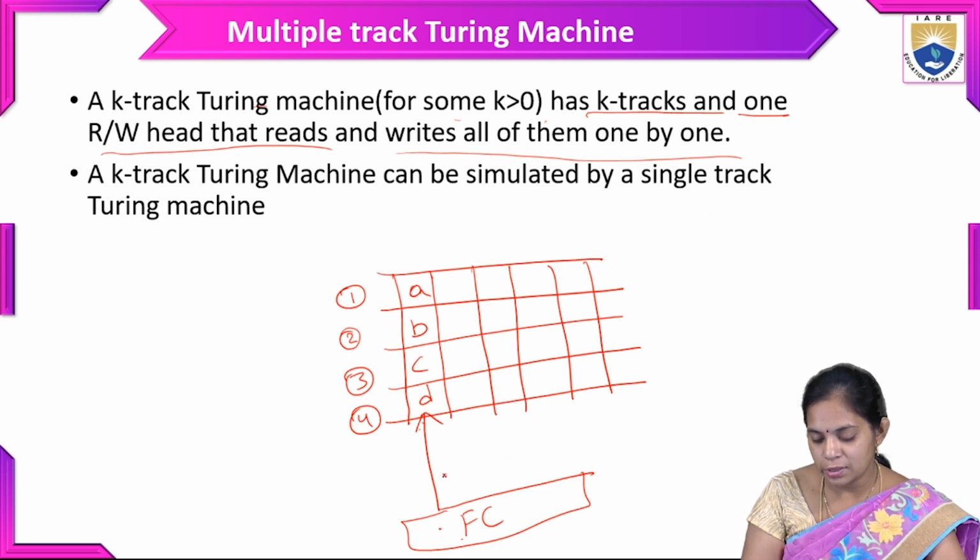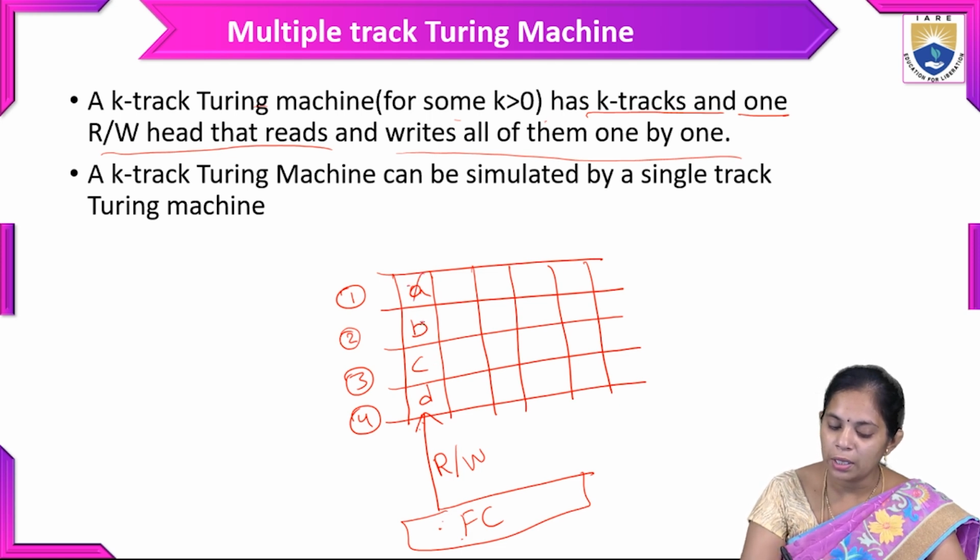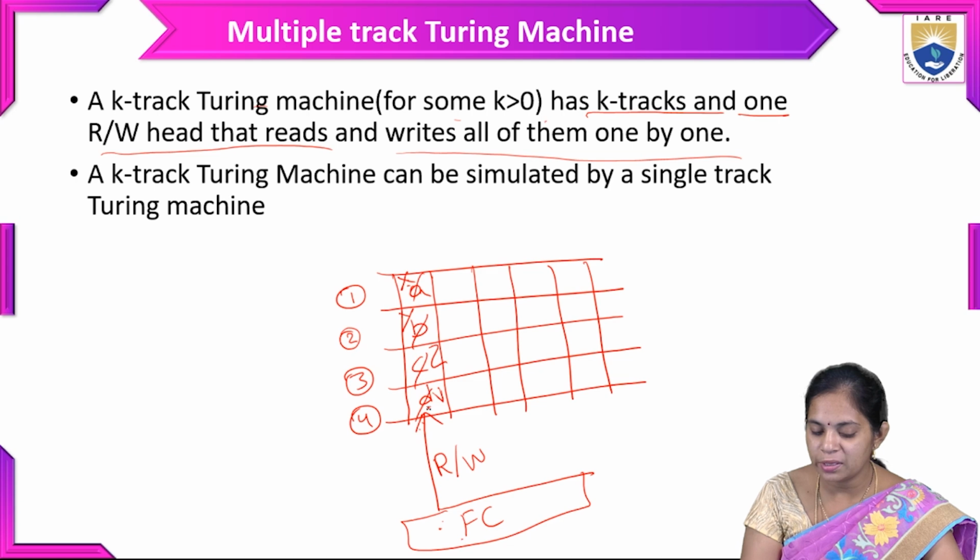Here we have a read and write operation. This head can read the symbols and write the input. After reading the A input symbol, we will write X, and for the B input symbol we will write Y, and for C we will write Z, and for D we will write V. After reading A, B, C, D at a single time, we write the input symbols, and the read and write operation is performed in a single transition.